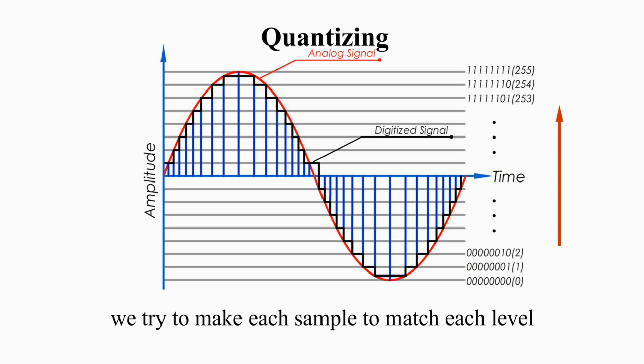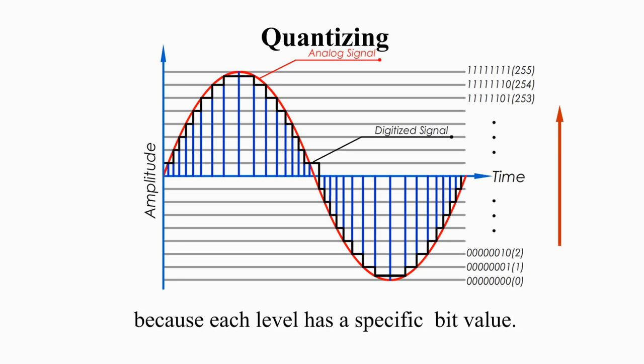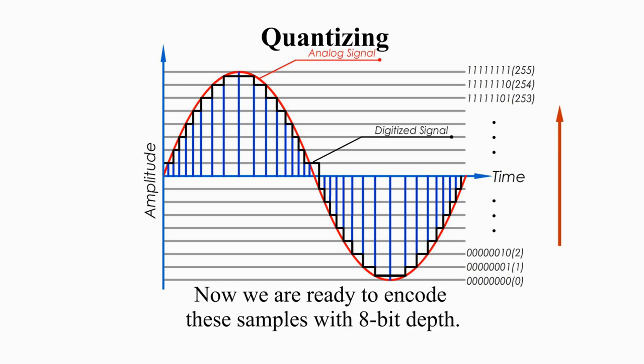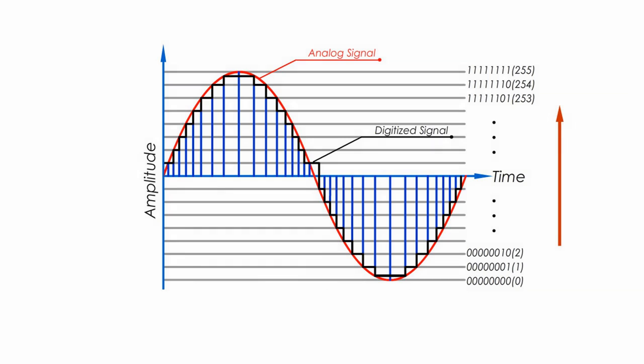We try to make each sample match a level because each level has a specific bit value. Now we are ready to encode these samples with 8-bit depth.